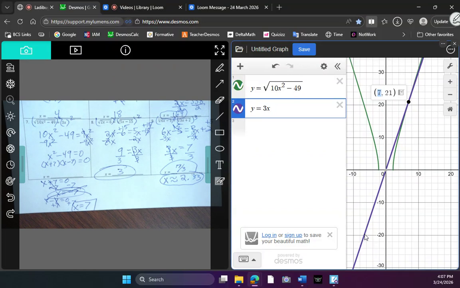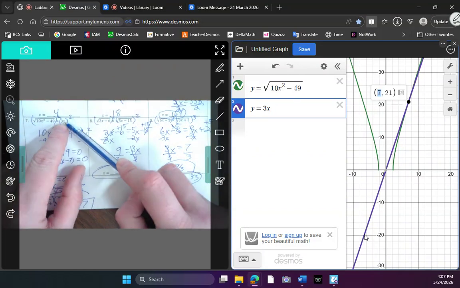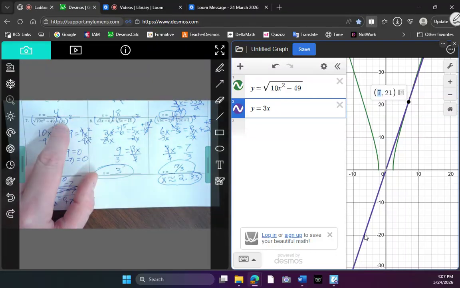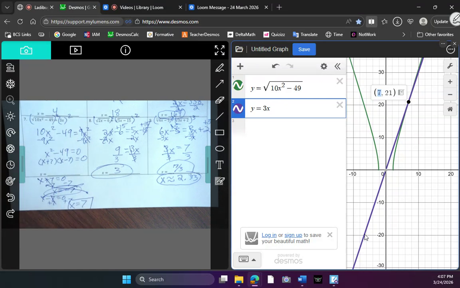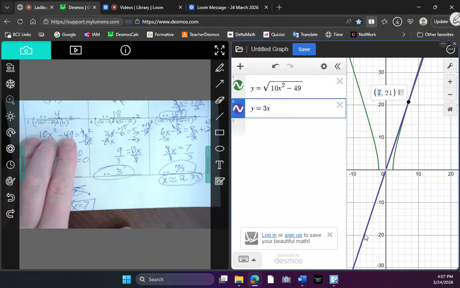And the reason being, if you plug in your -7 right there, that's going to give you a -21. And when you take a square root value, you don't normally want to be able to get a negative out of there. Or at least when you're checking it, you want to always relate that to a positive number.